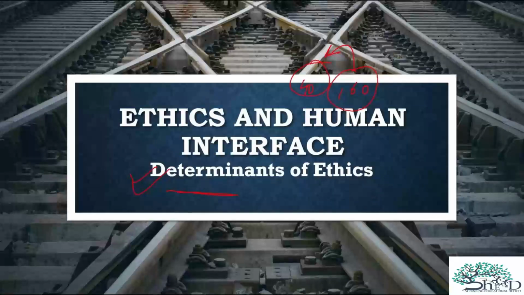First of all, determinant means basically what makes ethics like that. So basically the factors which contribute to the building or formation of ethics. What are the factors that lead to formation of ethics?